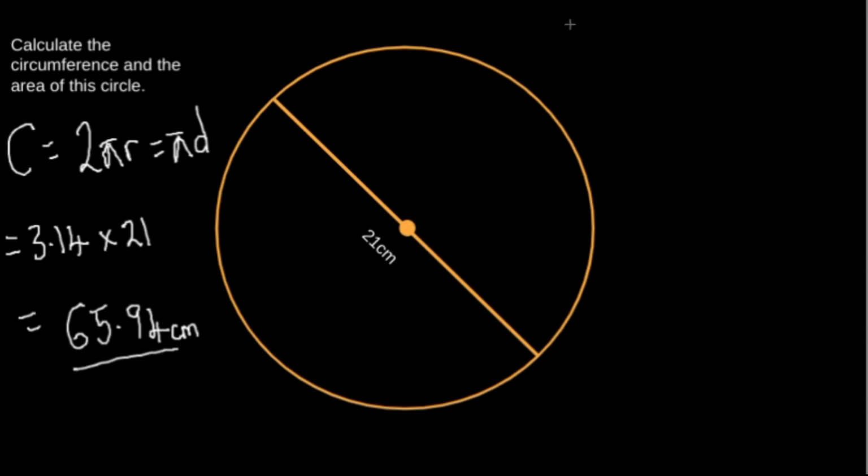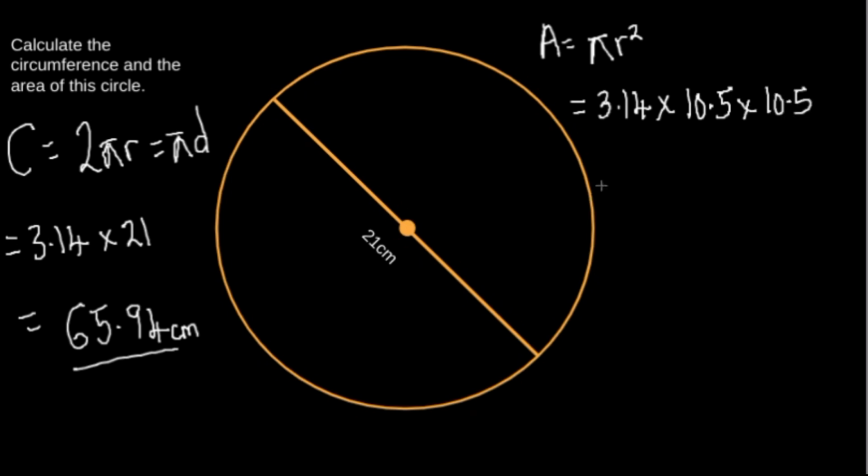Now, to calculate the area of a circle, the formula is pi r squared. To find our radius, that will be the diameter divided by 2. Remember, our pi is 3.14 approximately, or 22/7, but we'll be using 3.14 here. So 3.14, that's pi, times 21 divided by 2, that's 10.5. So this is our radius, 10.5 times 10.5.